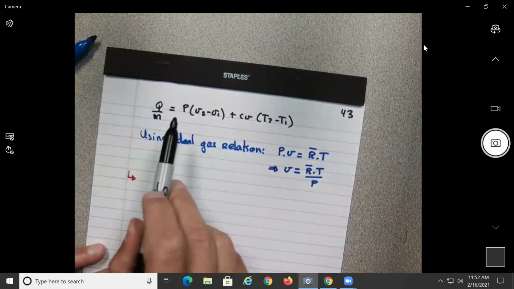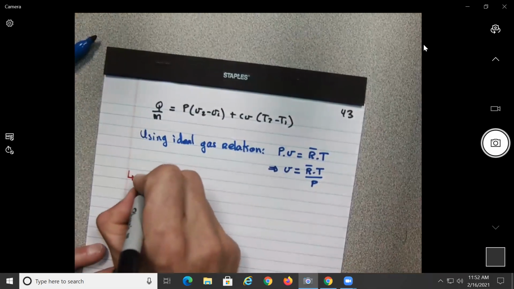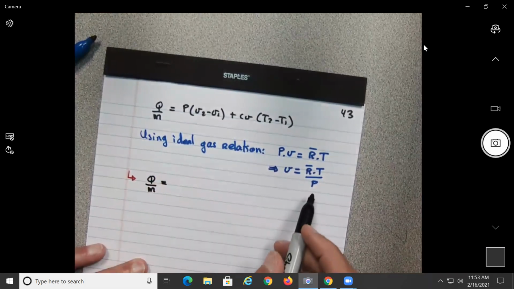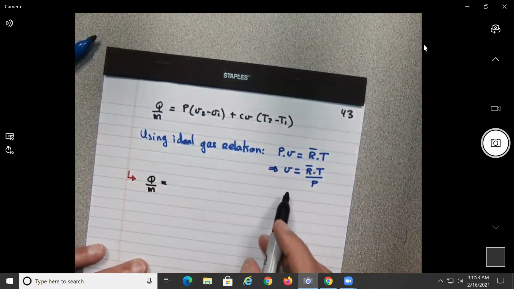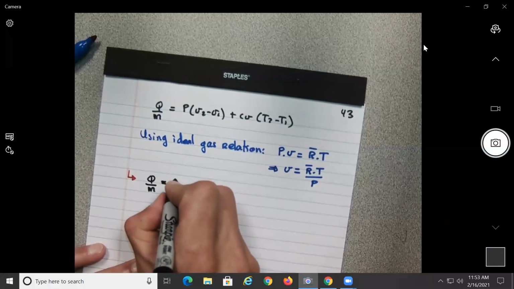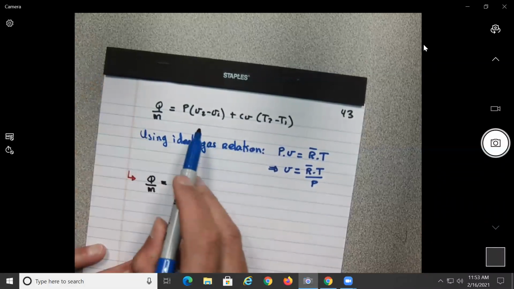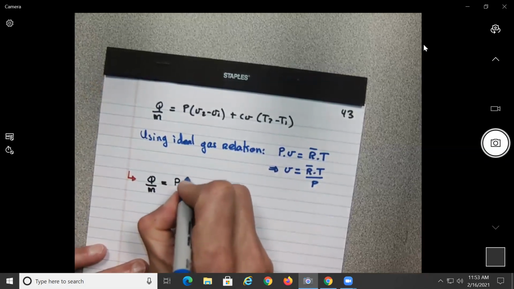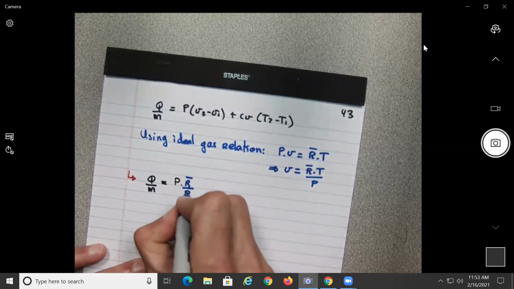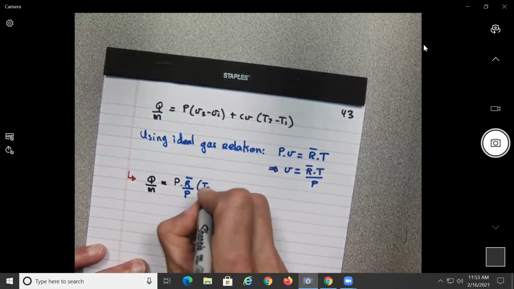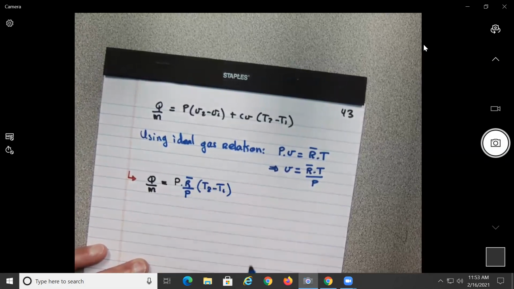So we do that and we rewrite the above equation. What do we have? Q over m will be equal to what? P is unchanged, but v will become R bar over P times T, and we can change the v2 minus v1 by R bar over P times (T2 minus T1).